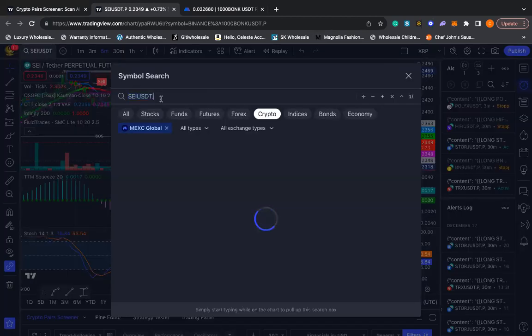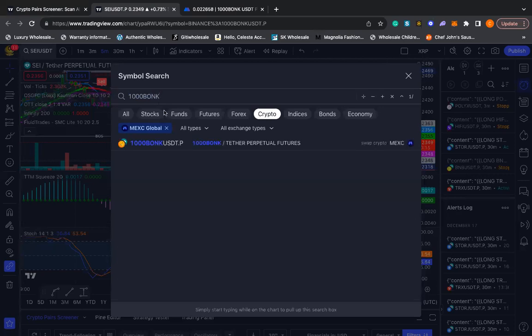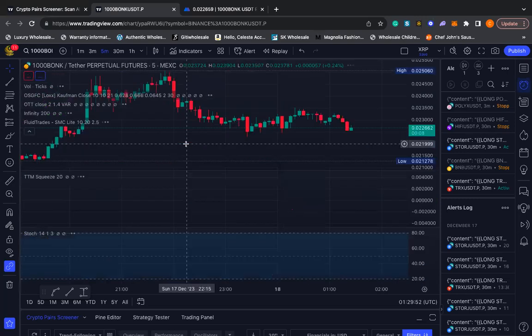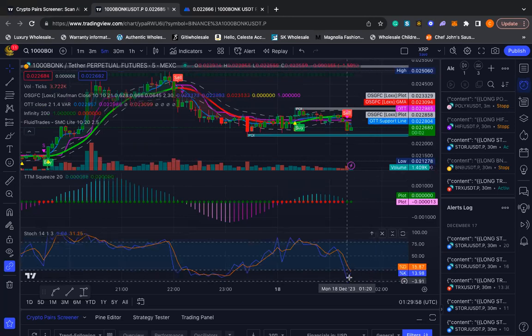We're going to see what 1000 Bump is doing on this side. Yep, and that's what I was waiting for right there. As you can see on your stochastic down here at the bottom.